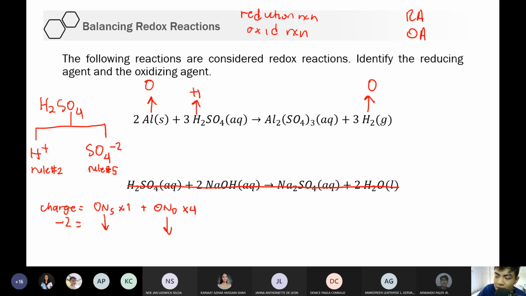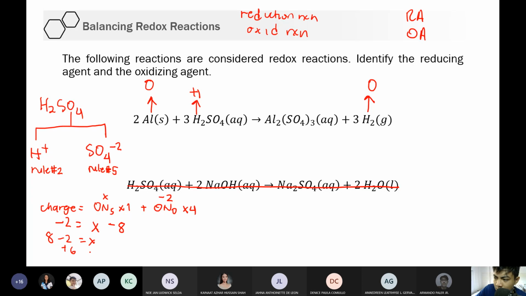Alam na natin yan. Okay? Sulfur, wala tayong nakitang sulfur kanina sa PowerPoint. So, meaning sulfur is X times 1. X lang yan. So, this one is negative 2. Okay? Negative 2 times 4. Negative 8. Okay? Lipat mo doon. So, 8 minus 2.